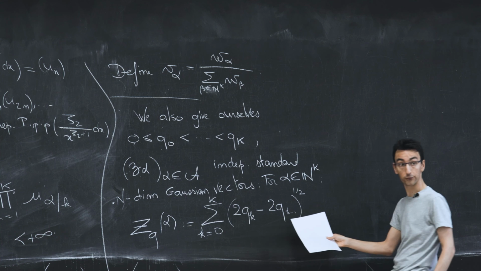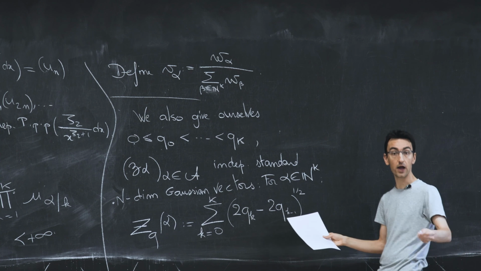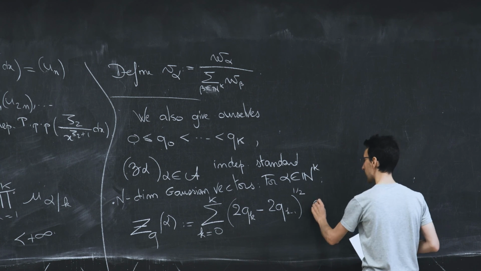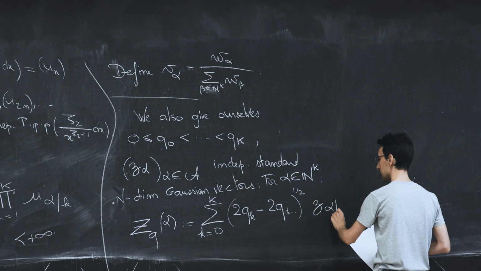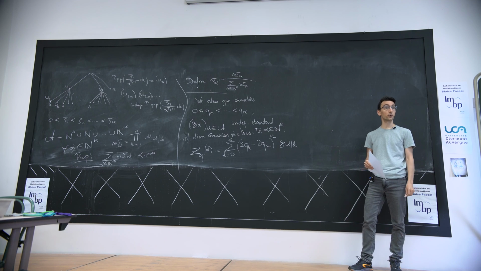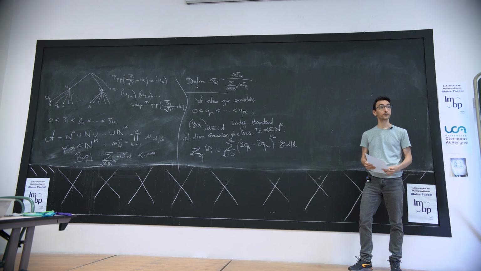It's my analog of square root of 2h, but now I have more freedom to play at each level. And this I multiply by the Gaussian at level k. Okay, so this is my definition for the external field.